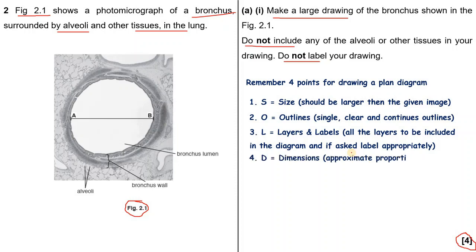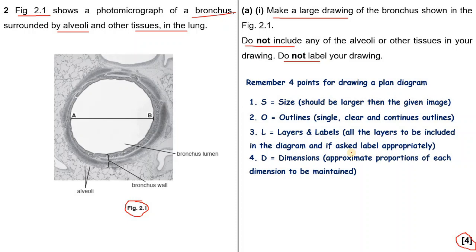Remember, when you are making a larger image, all the dimensions should be approximately in proportion and enlarged. When I say approximately, you do not need to measure specifically, but if you increase a particular part of the image, the proportions have to be maintained for the other parts too.